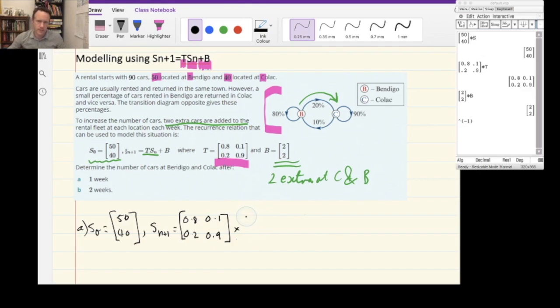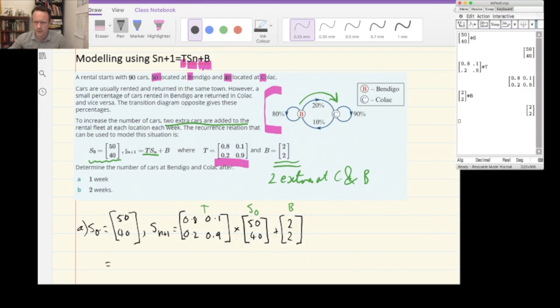Sn for this first one is going to be S0, so 50 and 40, plus B, which will add 2 cars to both sites. Just to label it clearly, we've got T times S0 and our B matrix. We punch that into our CAS and we end up with the number of cars in each place at the end of that time frame.